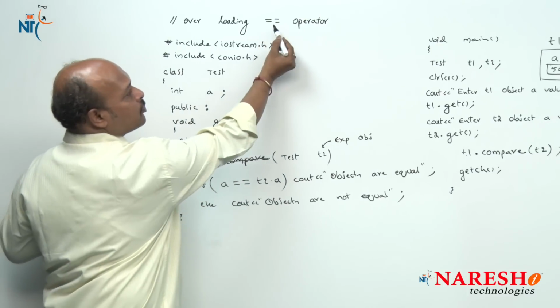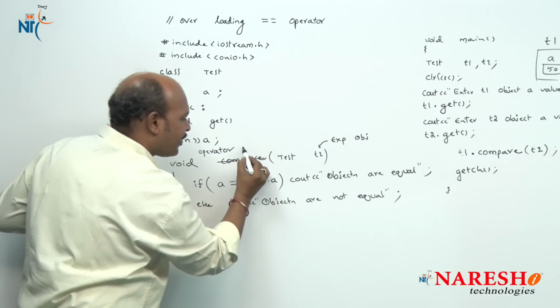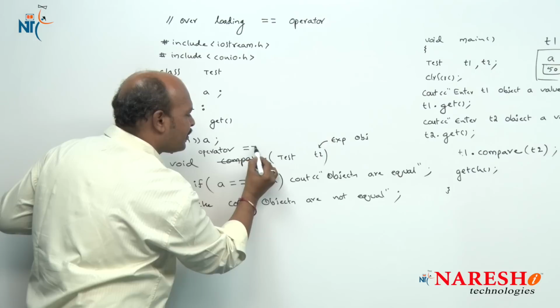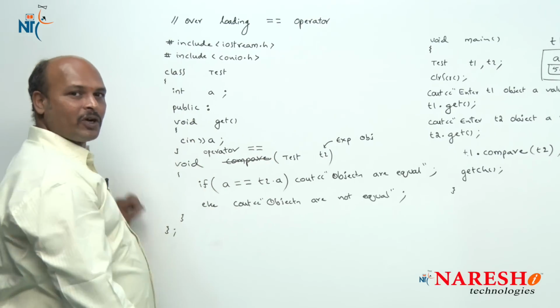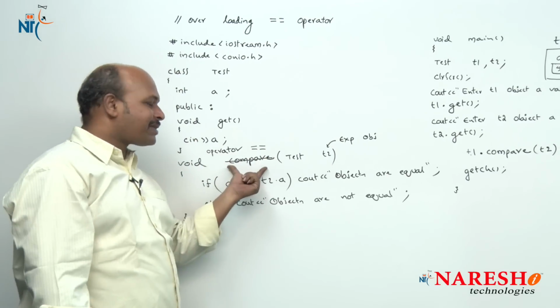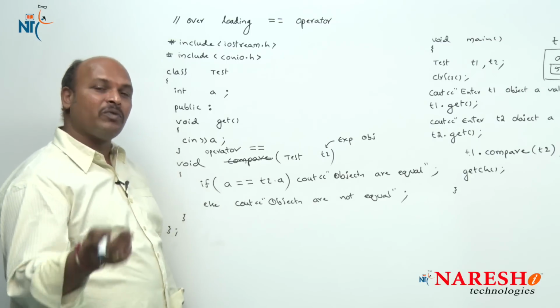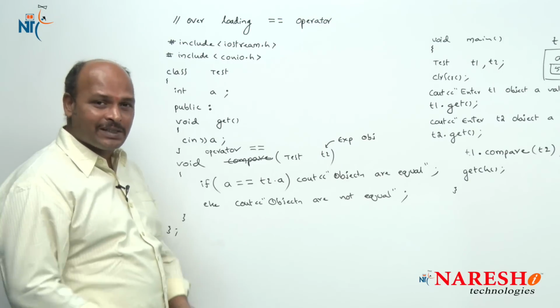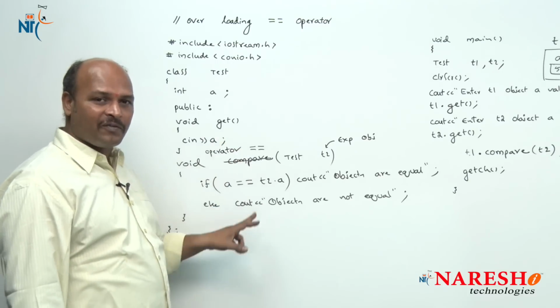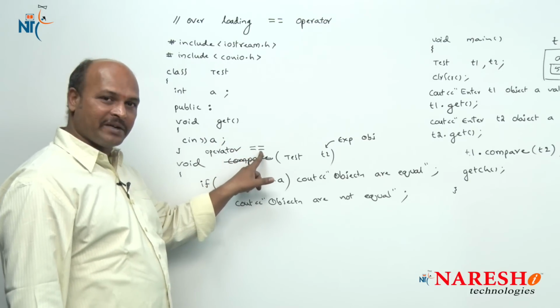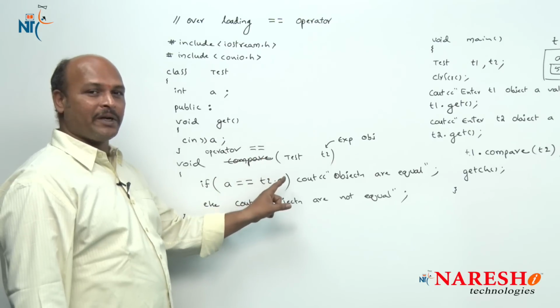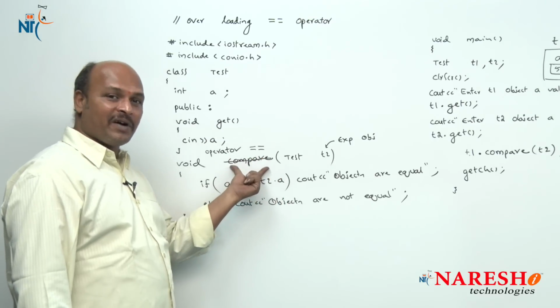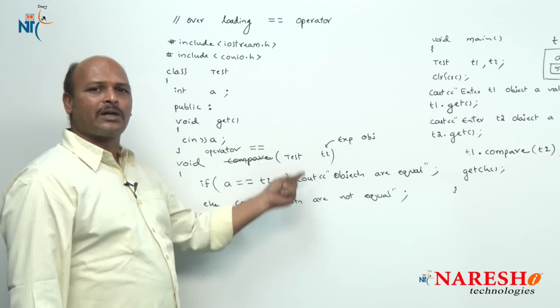Which symbol do I want to use? Double equal. That is all. In place of the compare function, we are using the operator. That is why my definition is, it is the process of using an operator instead of a function to do a particular task.